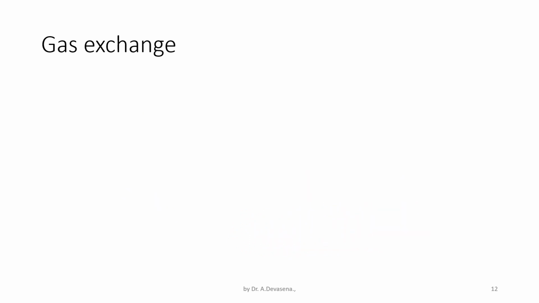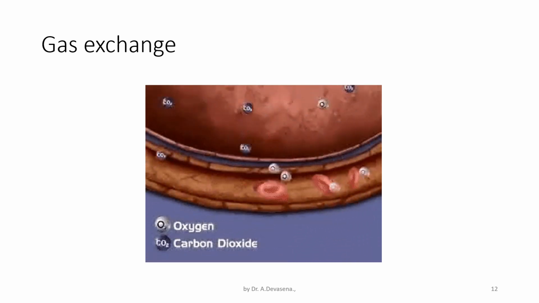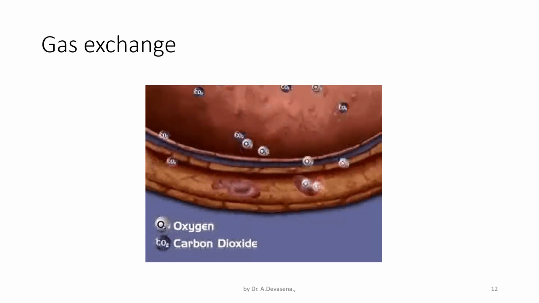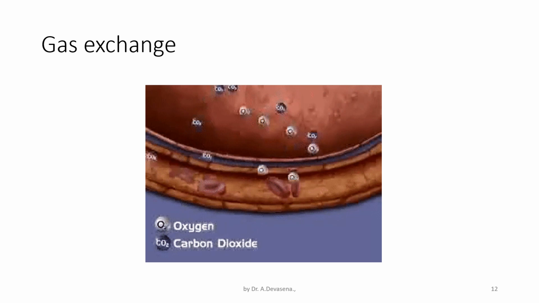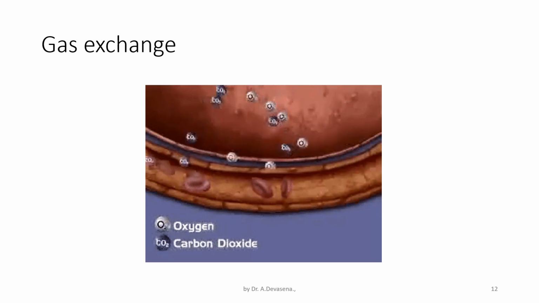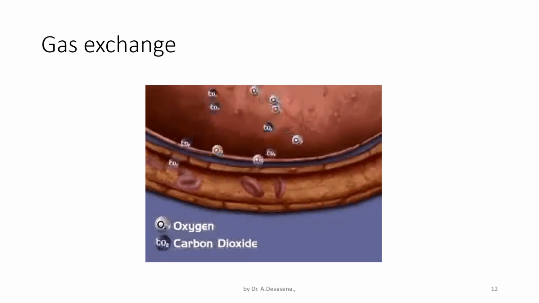Let's see another animation of gas exchange. The impure blood from the heart is carried by the pulmonary artery that consists of a rich amount of carbon dioxide that is passed to the lungs. In the lungs, a sufficient amount of oxygen is present.